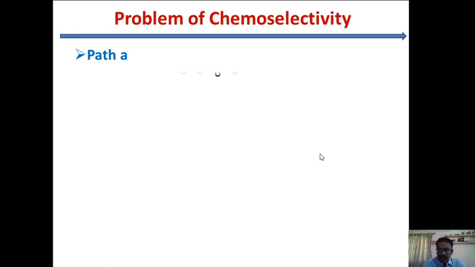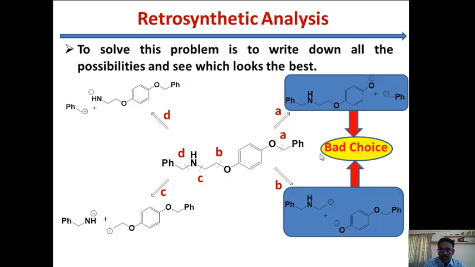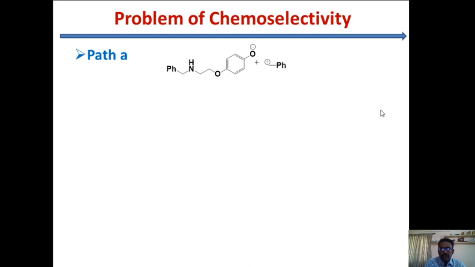So here if you take the path A, where you will end up with these two, isn't it? So already known that path A will give you these two synthons. So if you take this path A, we have here two synthons, one nucleophile and an electrophile. See, we can easily find out the synthetic equivalents for those synthons, this alcohol and the benzyl chloride.